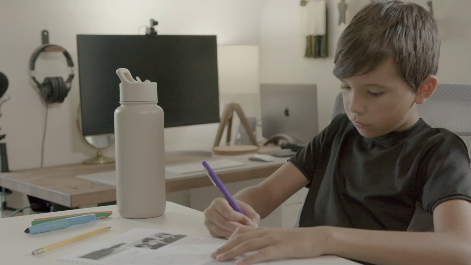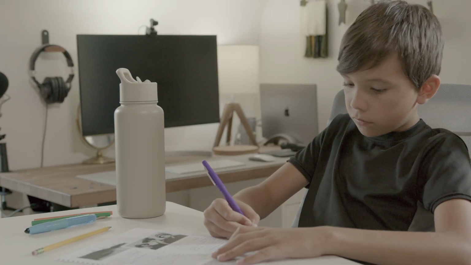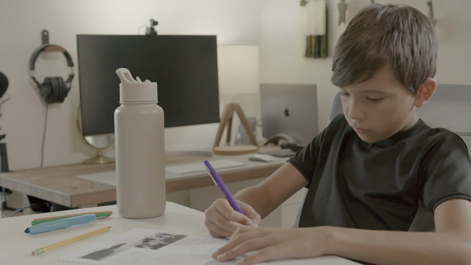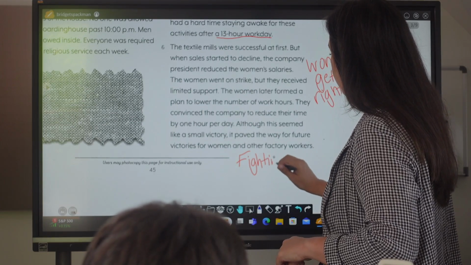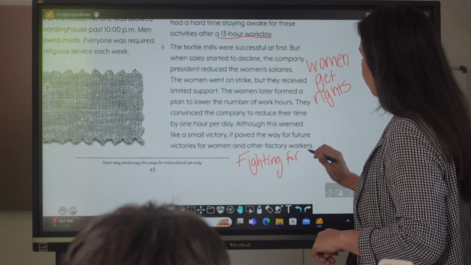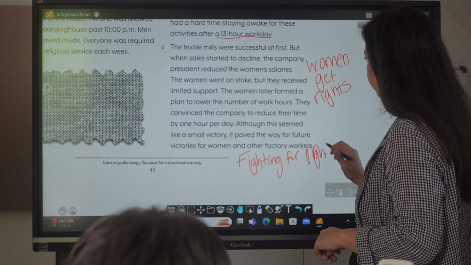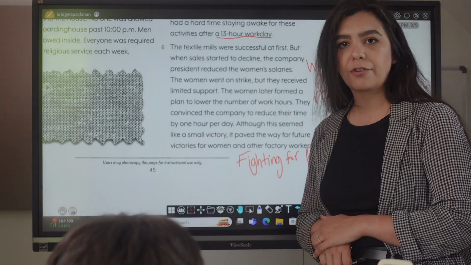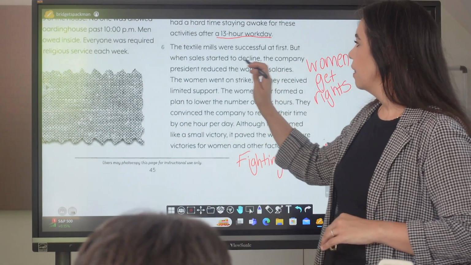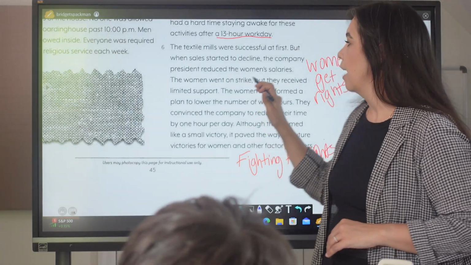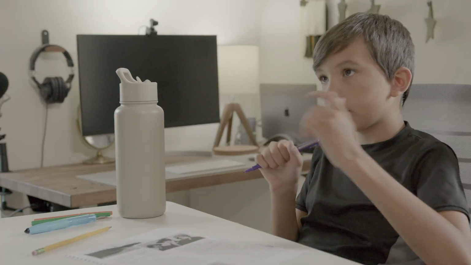So, fighting for rights. And that's key because the sales started to go down and what did they try to do?